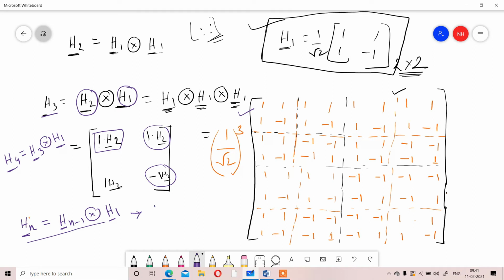That is, you can write as 1 by root 2 whole to the power n multiplied by all the position will be defined by Hn minus 1, Hn minus 1, Hn minus 1 and minus of Hn minus 1. So that will be your Hadamard matrix equation. Clear?